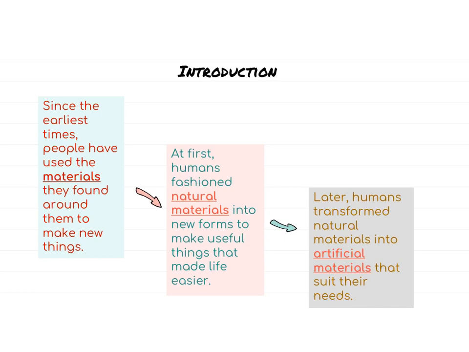Later, humans transformed the natural materials they were using before into artificial materials that suit their needs more. So humans tried to create or find from the natural materials new materials that will fit their developed needs or satisfy their needs more.